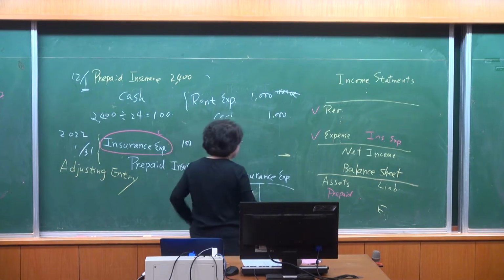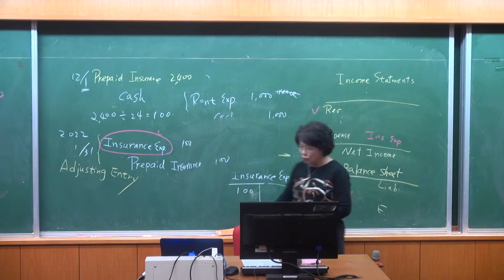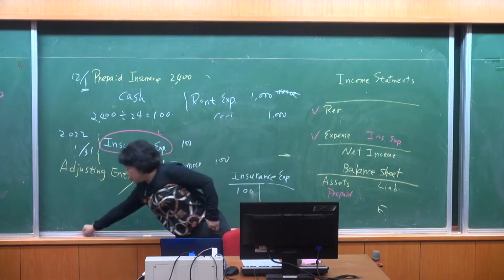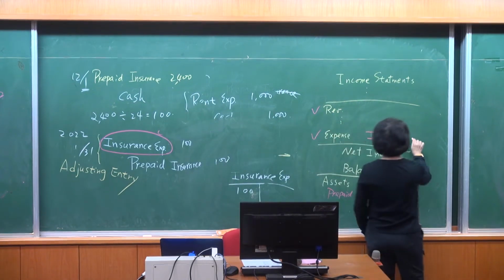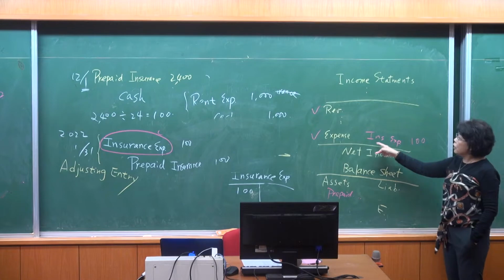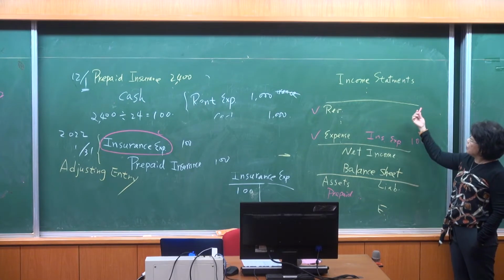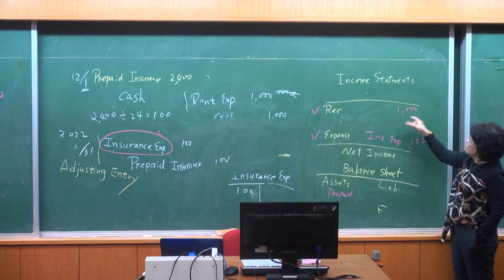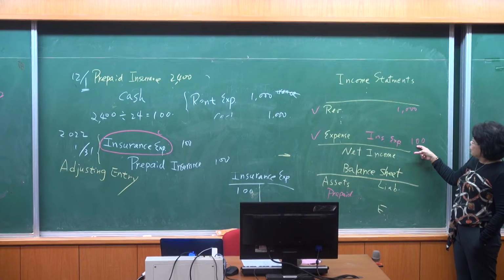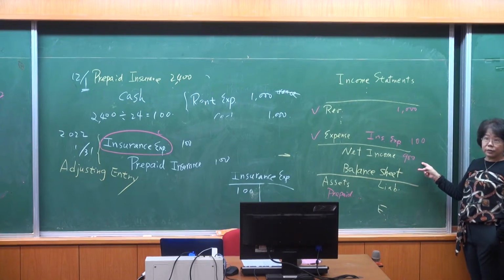Let's see here. If you forgot or for any reason you do not make the adjusting entry, if you do the adjusting entry, there will be an insurance expense here, which means, for example, we have 1,000 revenue, deduct 100, then the net income will become 900.